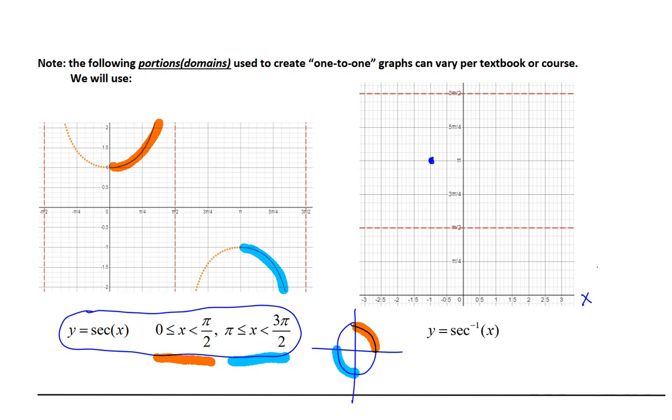If I think of this as x and y, we're reversing all these coordinates from the original graph. So that would create, starting at the point -1 comma pi, a branch that would go upward, increasing to the left, but then approaching the horizontal asymptote at 3 pi over 2. You'll notice there's a vertical asymptote at 3 pi over 2 in the portion of the secant function that we've now clipped.